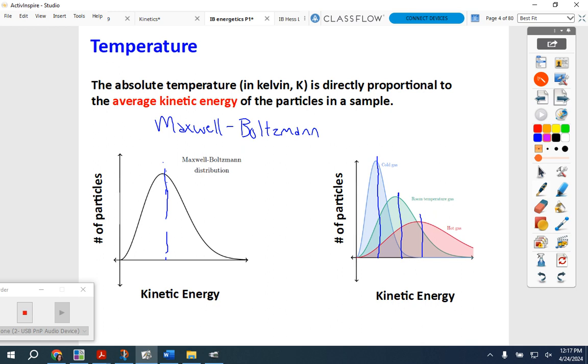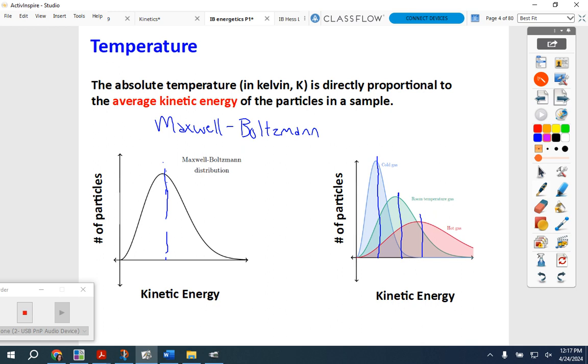It also should not touch the x-axis. It's an asymptote. I mean, it does eventually, but when you're asked to draw it, don't have the lines touching the x-axis at the end. If we think of this as a normal room temperature, this is all of the particles, from the coldest to the hottest, the slowest to the fastest. Most of them are in the middle.